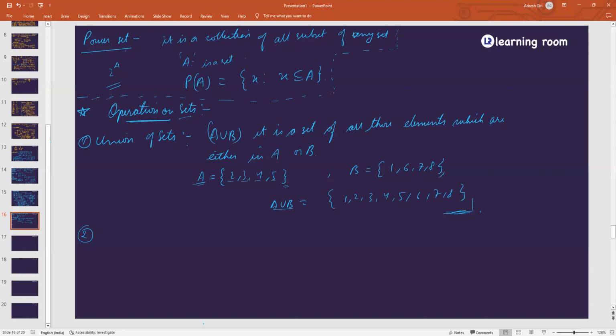if I'm writing A union B, union means combination. You have to combine the two sets without excluding any. Next thing is intersection of sets. That is A intersection B. This is the sign.